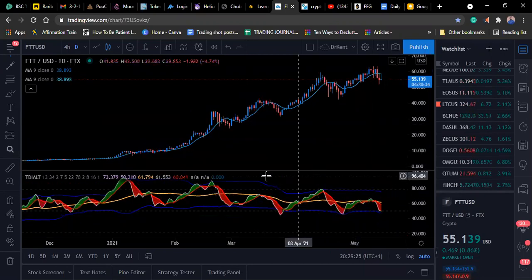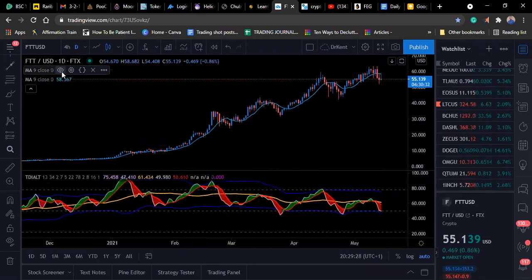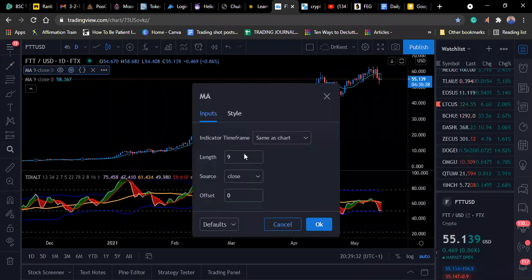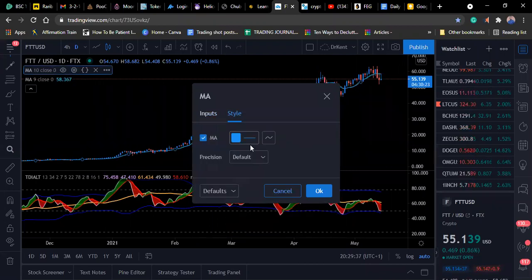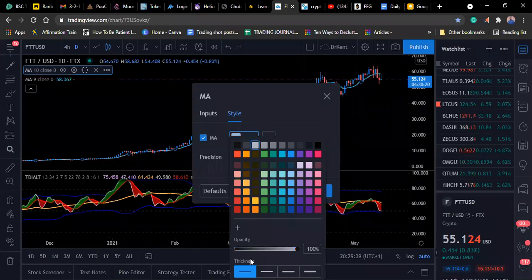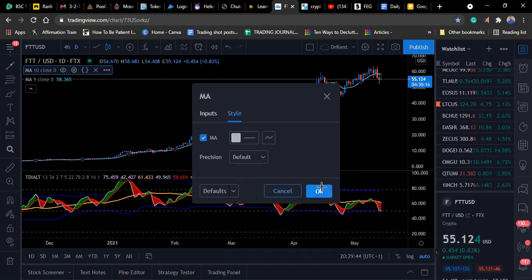I've added those. Then I come here and edit the moving averages I added to what I want. I change the color to, let's say, white, leave the thickness as it is, and click OK.